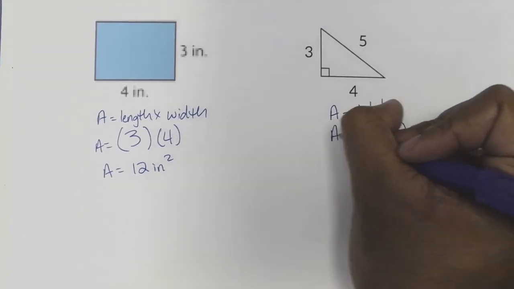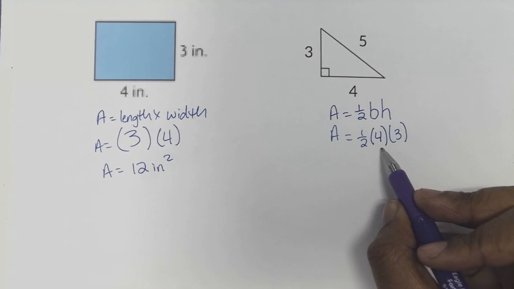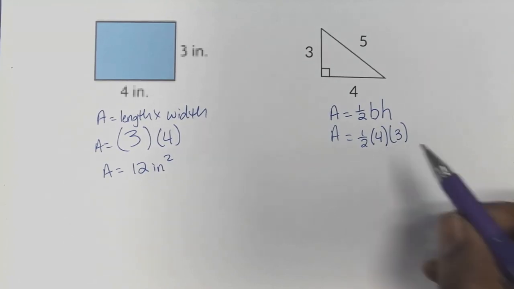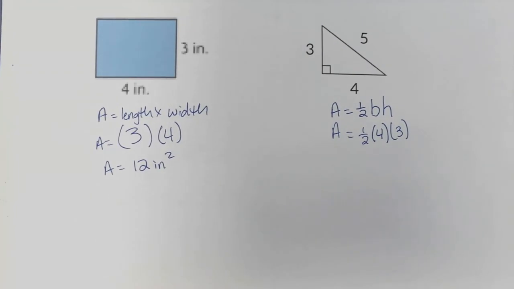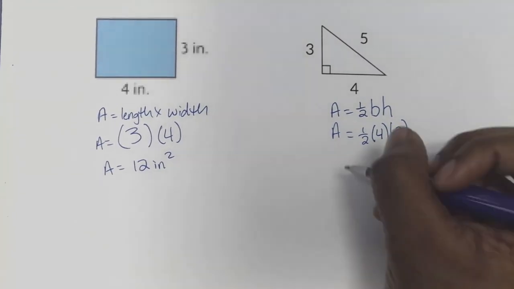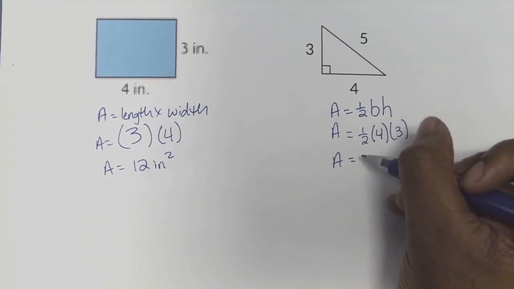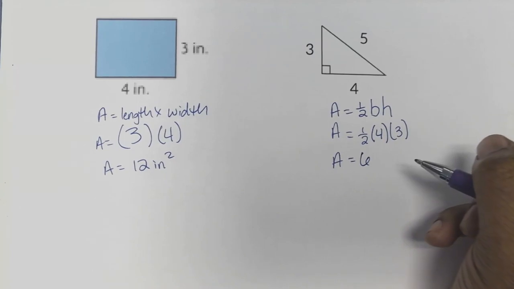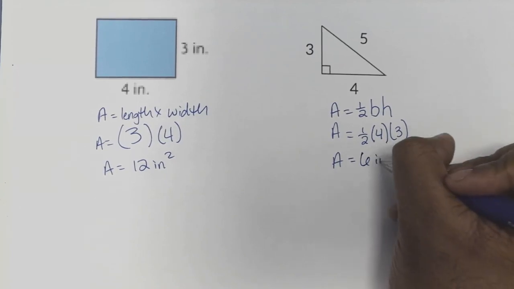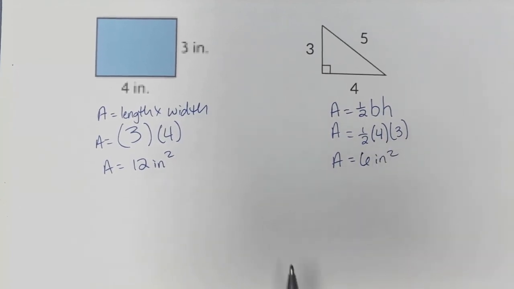Good job. 1/2 times 4 is 2. 2 times 3 is 6. So the area of this triangle is 6 what? Inches squared.